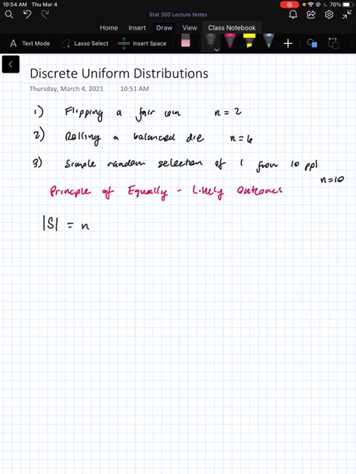But each one is equally likely to be drawn. So the probability of each outcome, where we write x being that outcome, is 1 over n. And what is so special about this, for x being anywhere between 1, 2, 3, is that we're going to label these items.